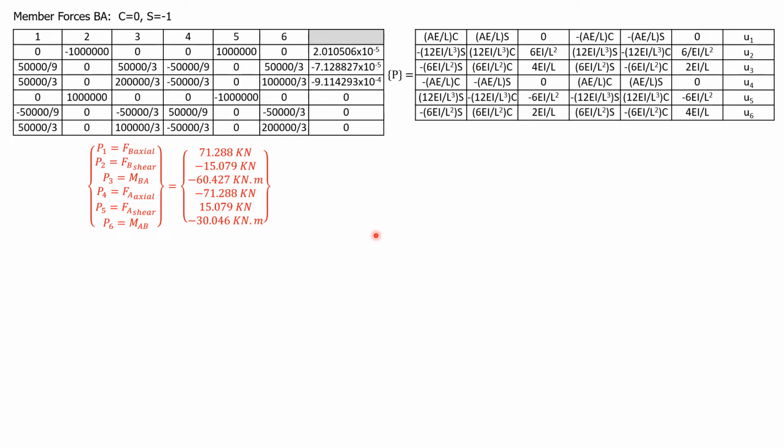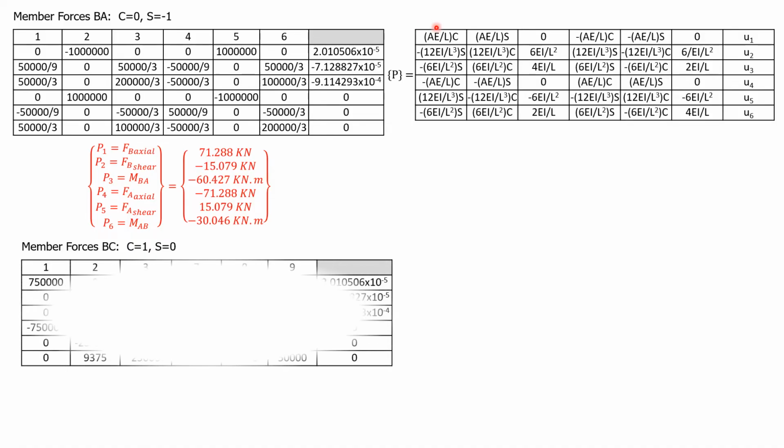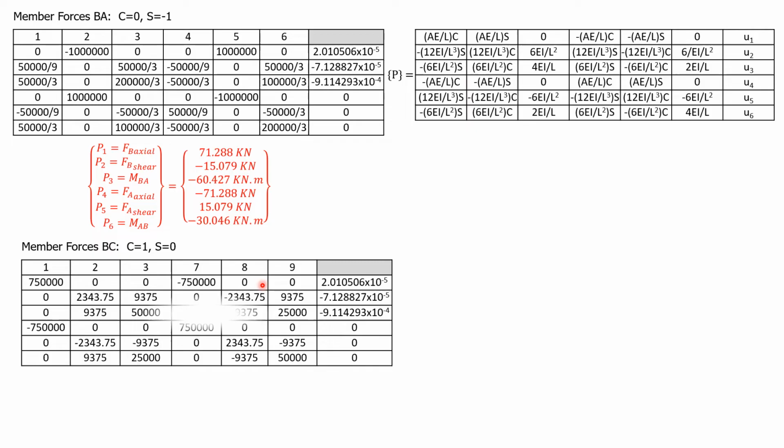Then for member forces of BC, the cosine is 1, the sine is 0. So let's evaluate these values here. Then these are the values for member BC. So the axial of BC is the shear of BA.